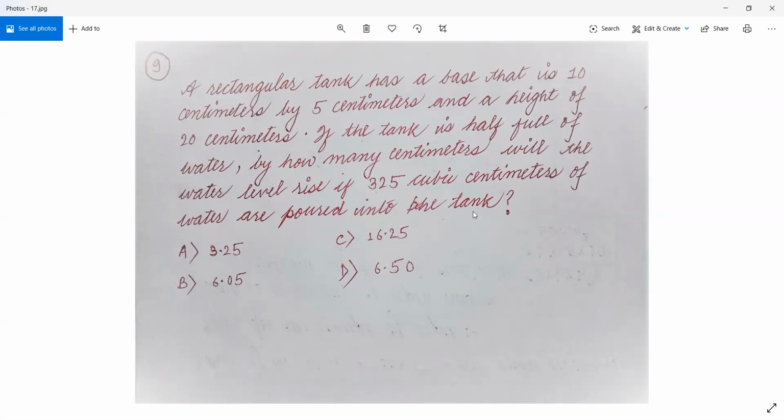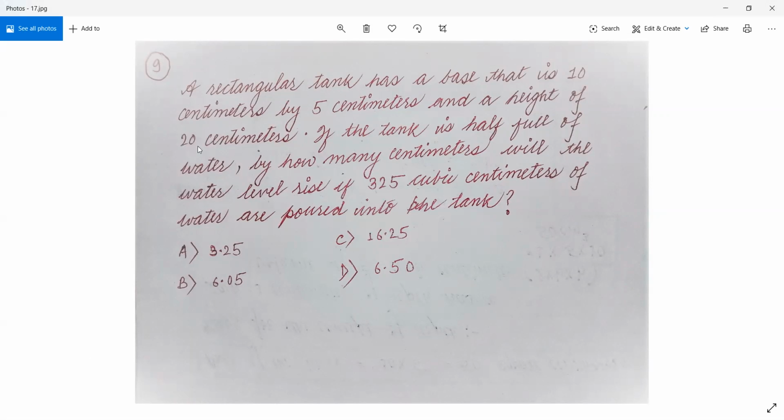So if the tank is half full of water, by how many centimeters will the water level rise if 325 cubic centimeters of water is poured into the tank? So basically this question just tried to fool us by giving the information about 20 centimeters, because it just asked what is the rise in water level if 325 cubic centimeters of water is poured into the tank, whether it's half full or not.